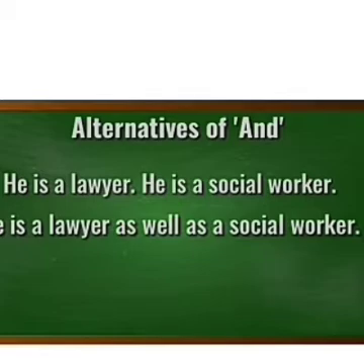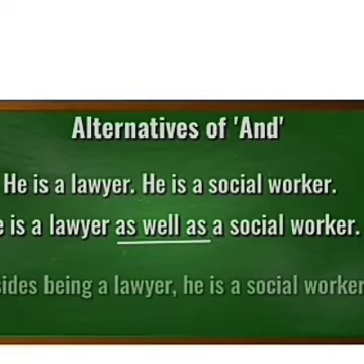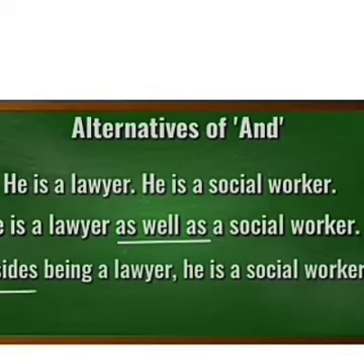Without using and, how could you join these two sentences? By using as well as in place of and. Like, he is a lawyer as well as a social worker. And you can use besides: besides being a lawyer, he is a social worker.